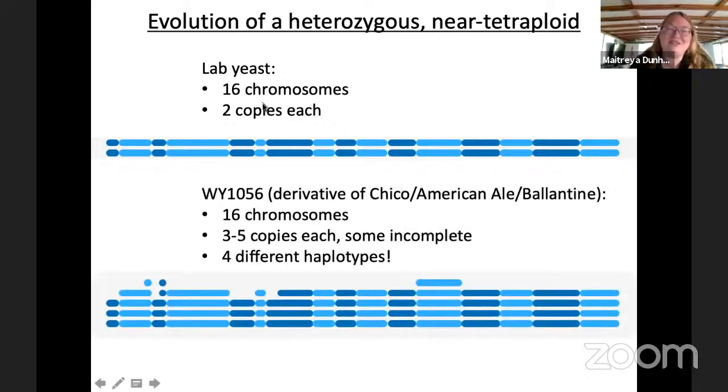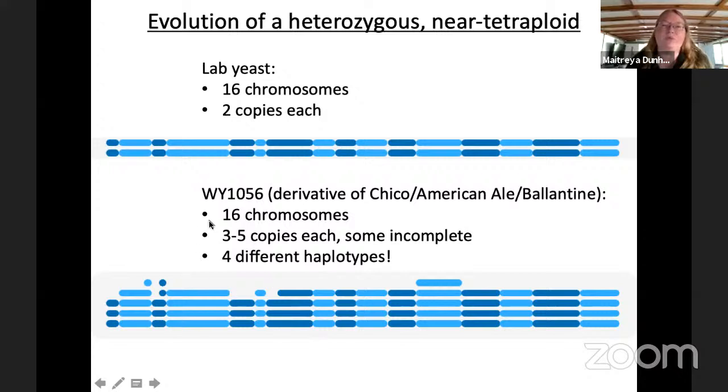Brewing strains are probably from historical hybridization, an intraspecific hybridization of a sake yeast probably and a wine yeast. And so it's essentially a tetraploid with 4 different parents, because both of those parent species or strains were really heterozygous. On top of that, it's had massive chromosome gain and loss events and recombination events over the course of its getting passed around from brewer to brewer and then getting propagated in the breweries.